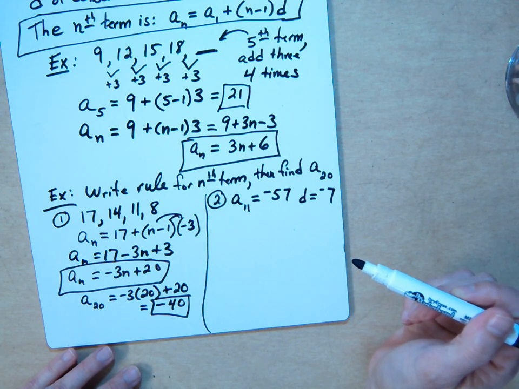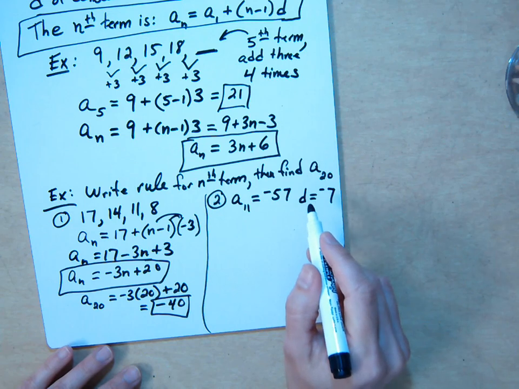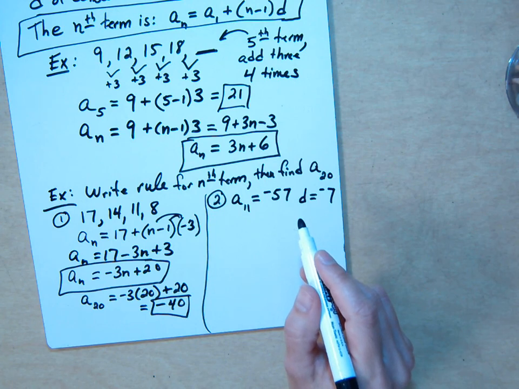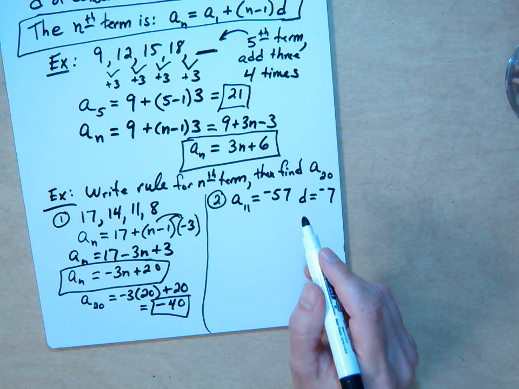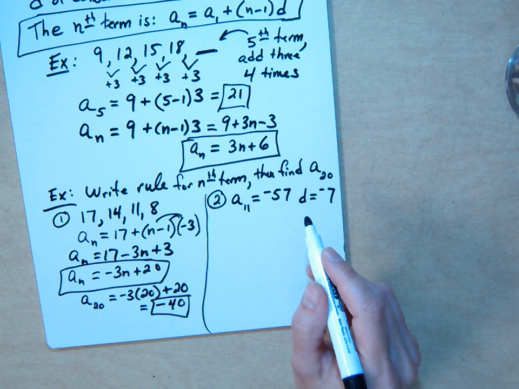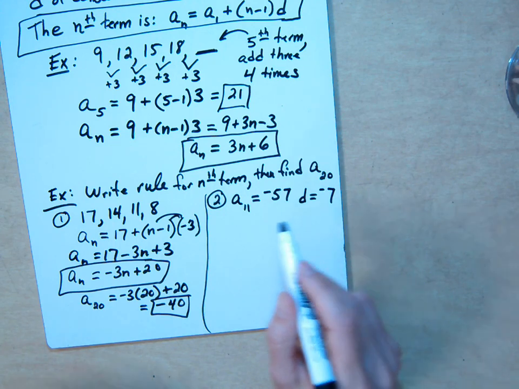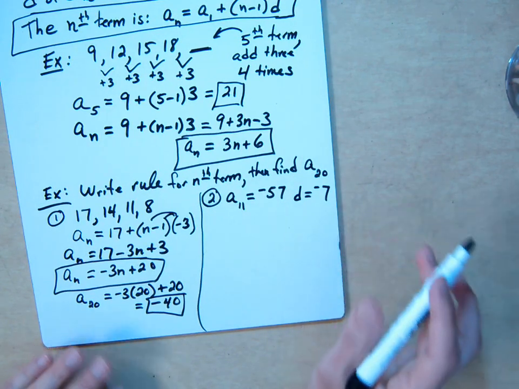The easiest way to do this is to think. To find the 20th term, let's say we forgot everything.